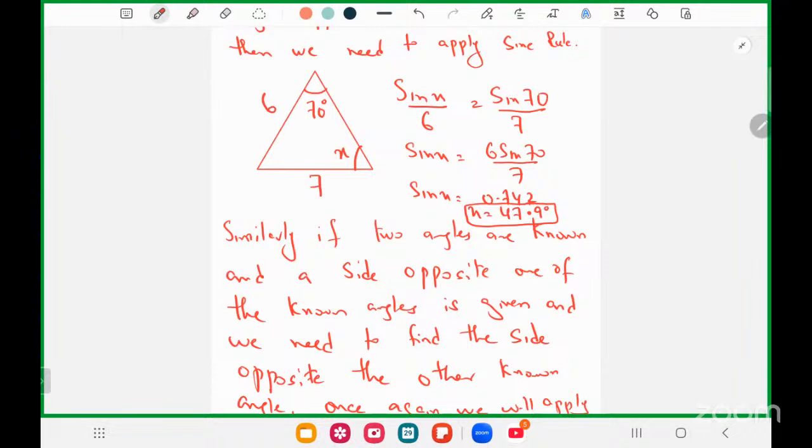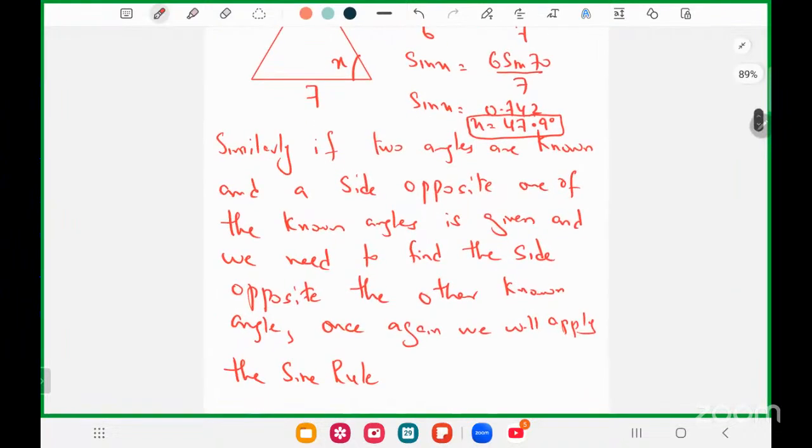Sin x upon 6 is equal to sin 70 upon 7, I cross multiplied, it became 6 sin 70 upon 7, I simplified and I found the angle. To find the sine inverse, when sin x is 0.742, to solve further, x is sin inverse of 0.742. In the calculator you press shift and sine, and the sine inverse will come. Then you will get the desired answer. I hope this is clear.